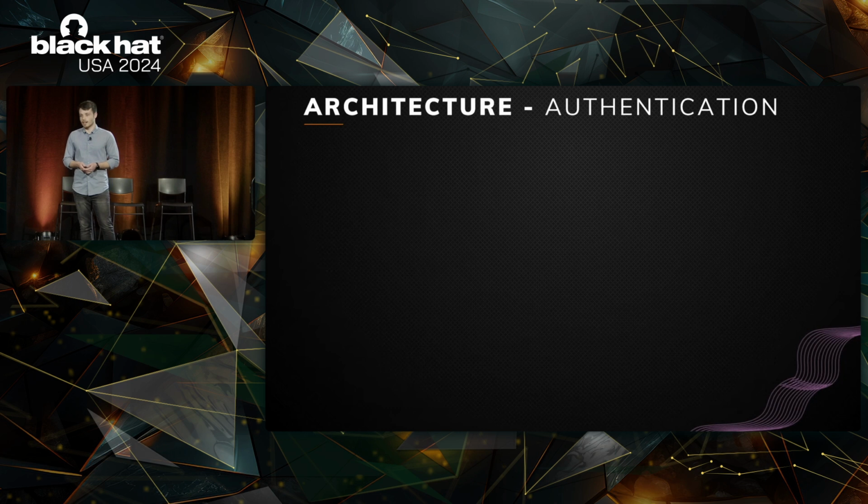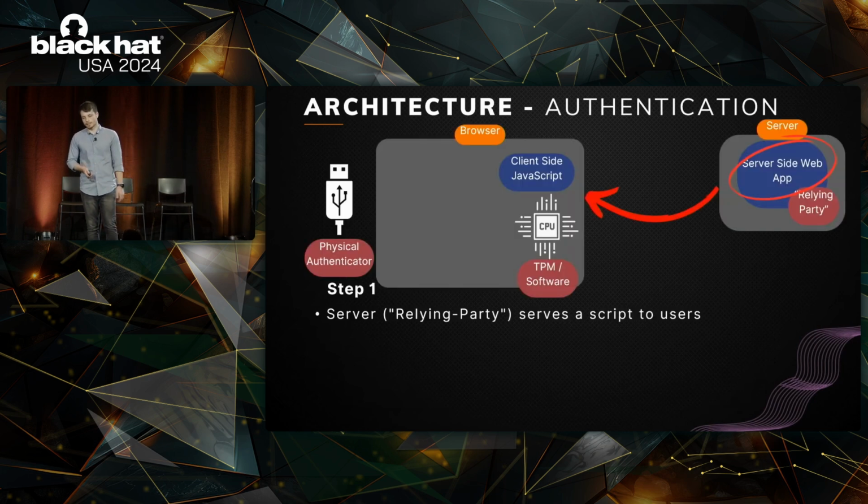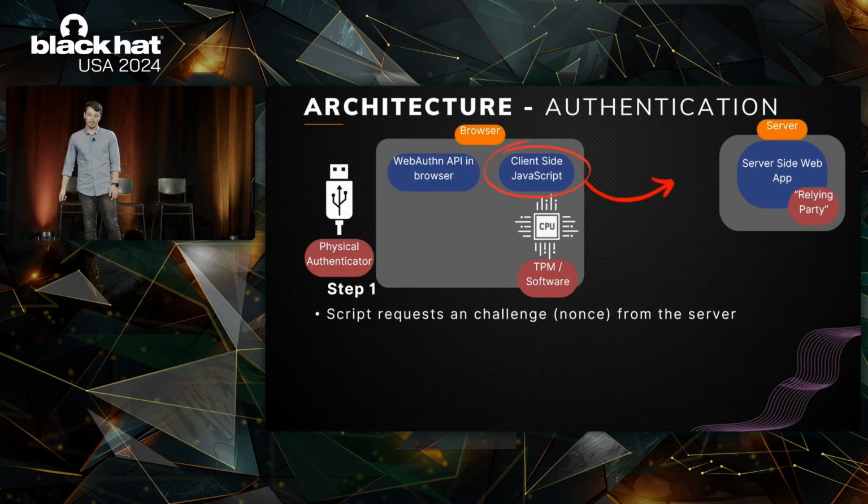Now we know how the private key got to the TPM or the authenticator. Let's talk about the authentication process. First of all, when you choose to authenticate using WHfB, a script will be served to your browser. The browser will request a nonce from the server.